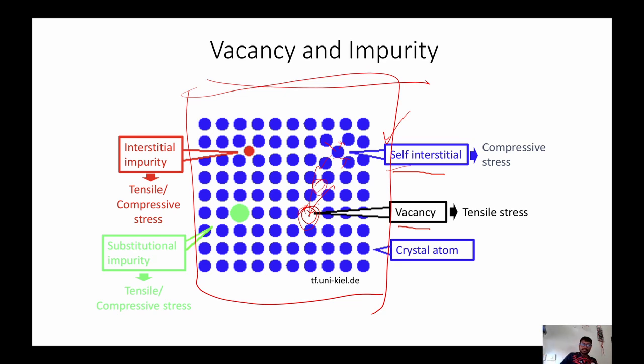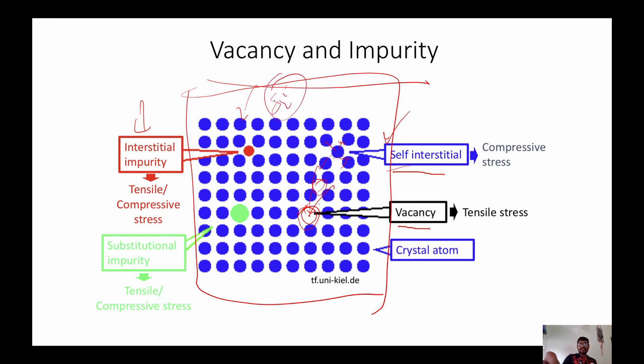Then comes the interstitial impurity. First let's come to the impurity: an impurity is other than these lattice atoms. Let us say this is silicon.